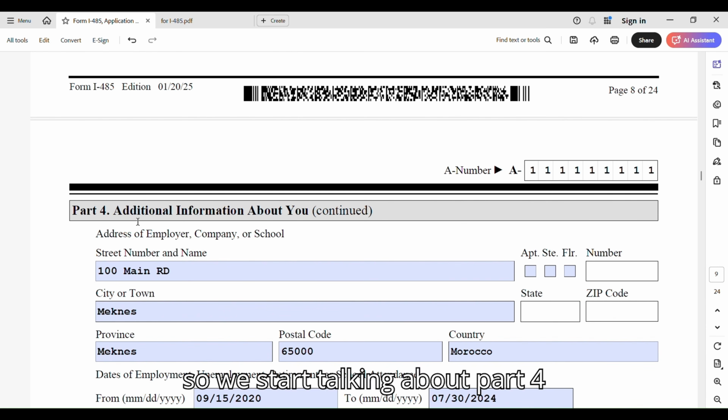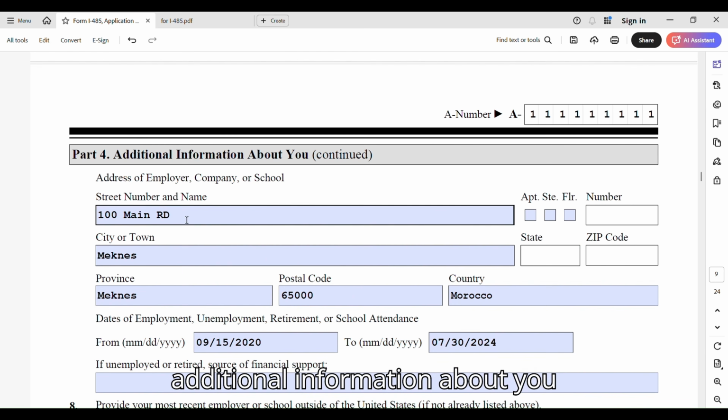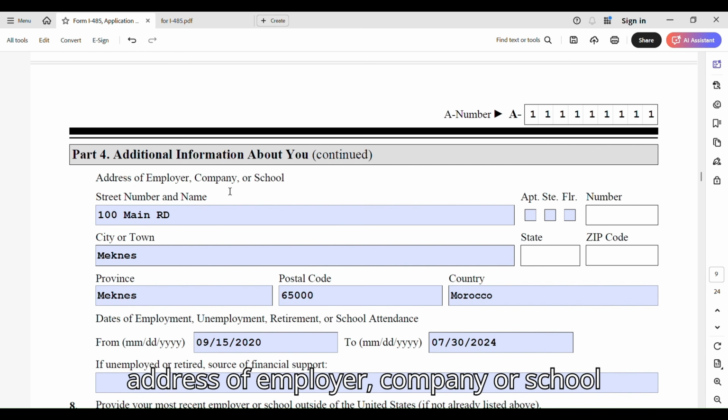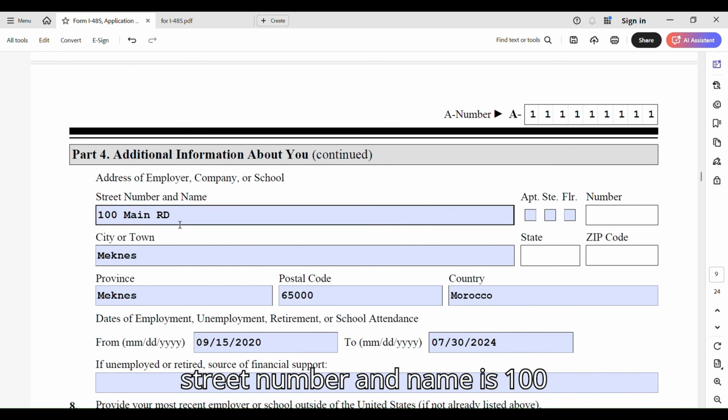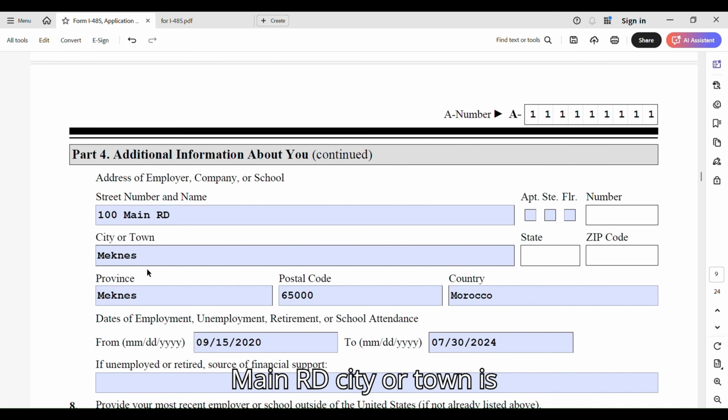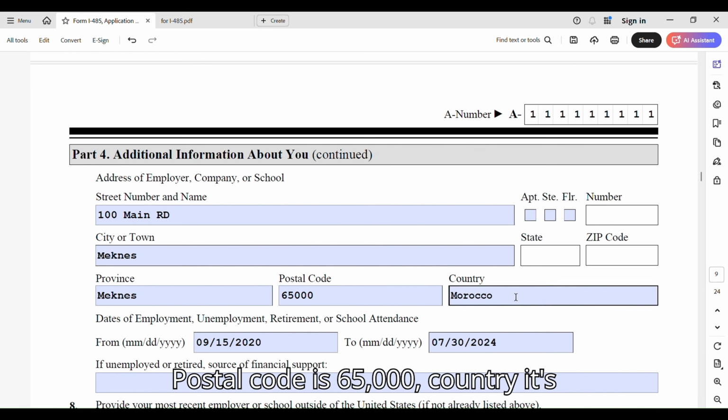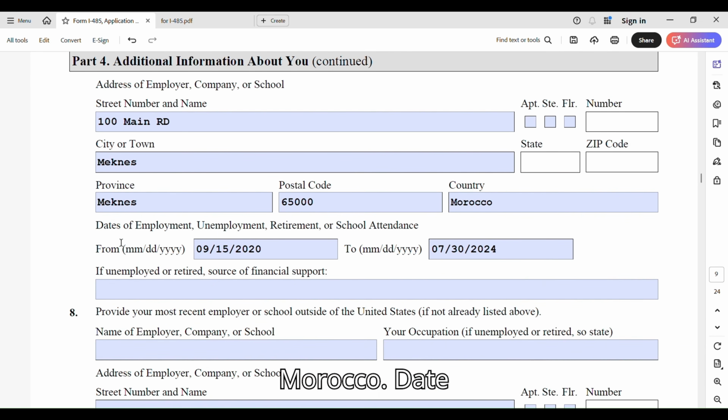So we start talking about Part 4, additional information about you. Address of employer, company or school. Street number and name is 100 Mill Road. City or town is Meknes. Province is Meknes. Postal code is 65,000. Country is Morocco.